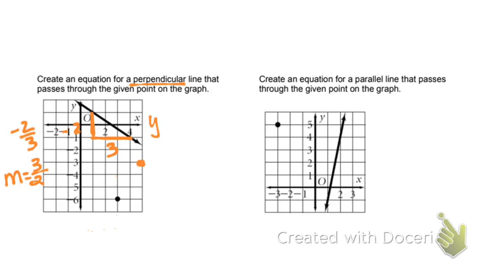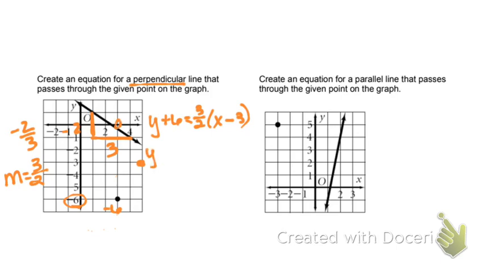So y plus 6, because this point is at a -6 y, right, equals, my slope is 3/2 times x minus 3, because I'm at a positive 3 on the x-axis.